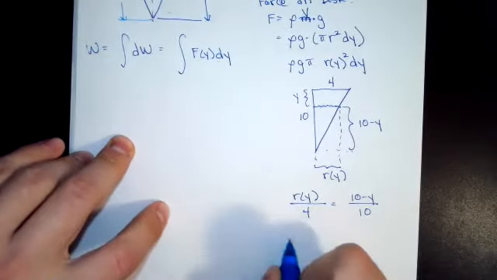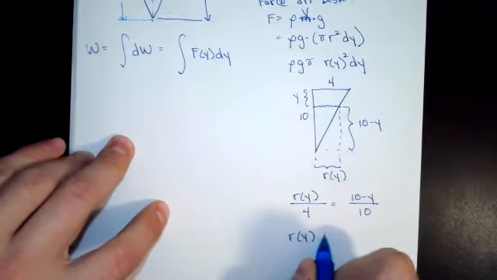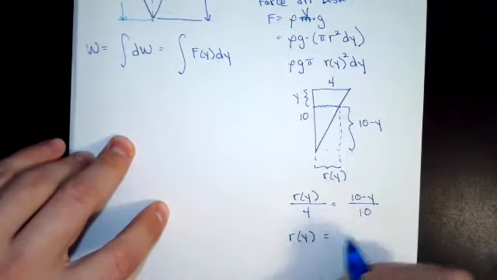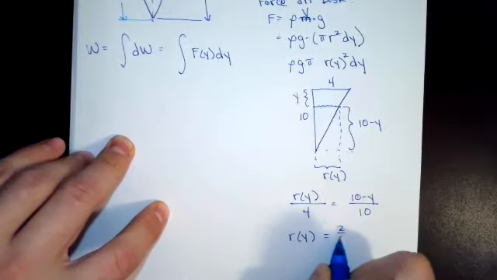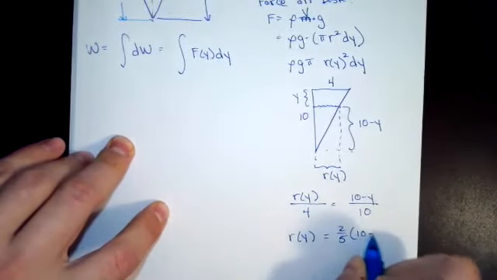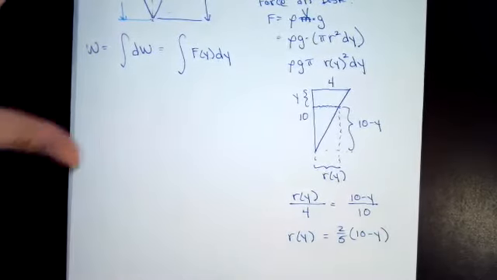So solving, we find that the radius as a function of depth is going to be 4/10, so 2/5 times 10 minus y.